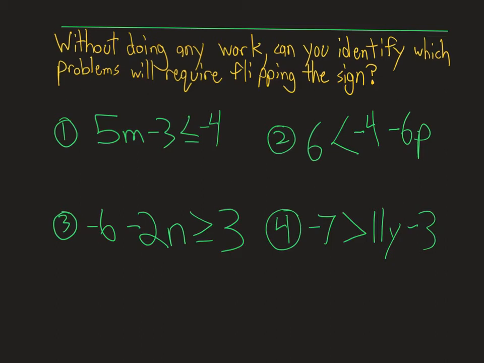And remember, what's going to cause that is any time the solving process requires you to multiply or divide with a negative as you're solving. It's very simple to see where this rule applies, and then you end up solving all your inequalities just as easily as equations. So look at them real quick. Where are you going to need to flip?